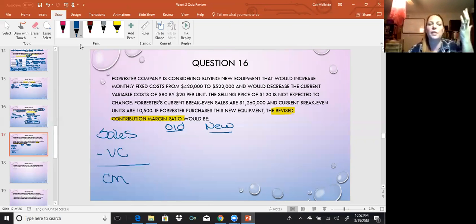Does fixed costs have anything to do with the contribution margin? No. All we're worried about is variable costs. And it would decrease the current variable cost of $80 by $20 per unit. So our new variable cost is 60. It decreased by $20 per unit.